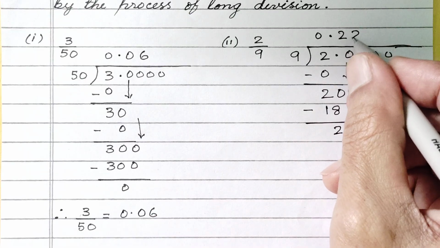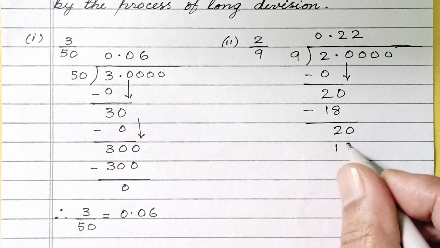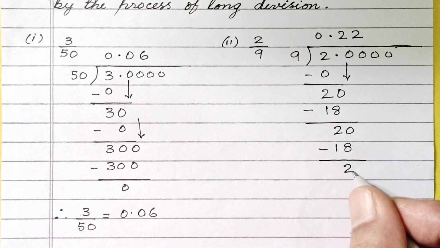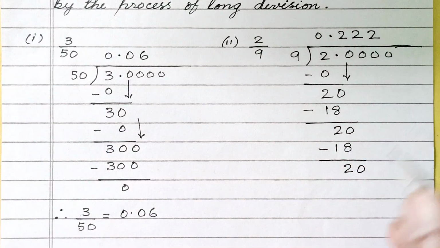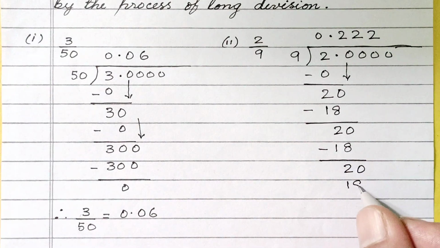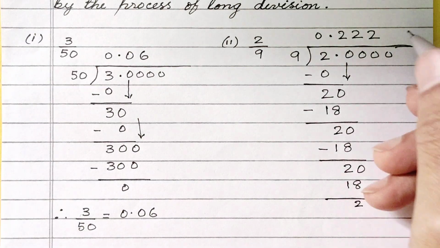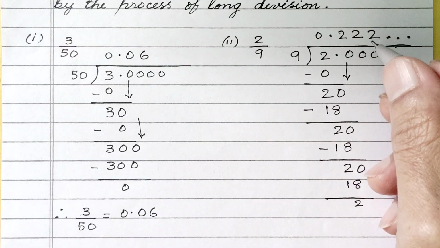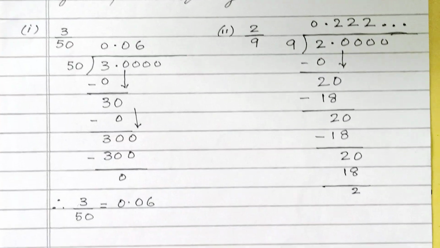Again 9 twos are 18. Again I am getting 2, 0. Again 9 twos are 18. It goes on like this. So this is unending. It is non-terminating, repeating.